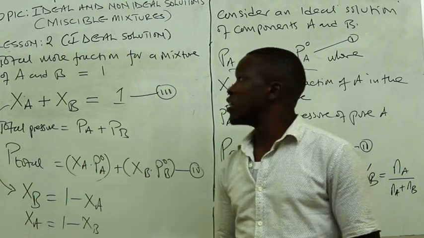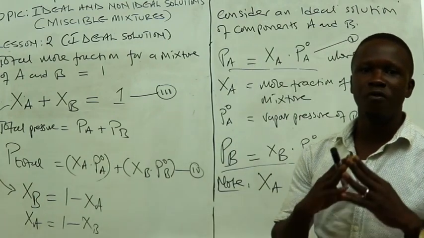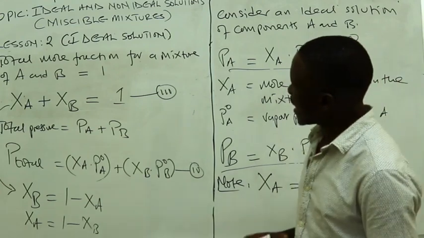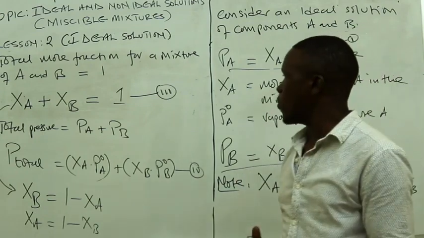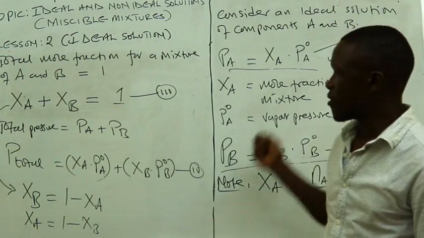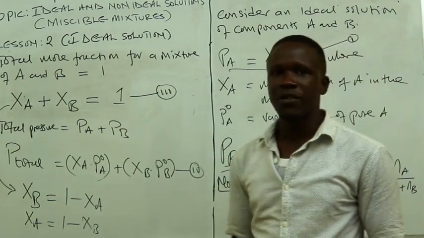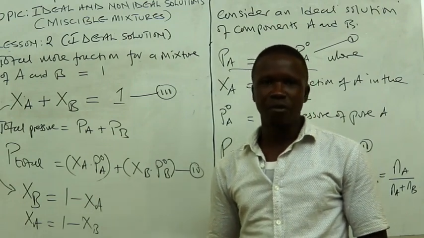And so, in the next lesson, we shall be looking at some examples of calculations involving Raoult's law. And these equations shall come in and we shall see how we use them. Otherwise, that has been the introduction to ideal solutions and Raoult's law.